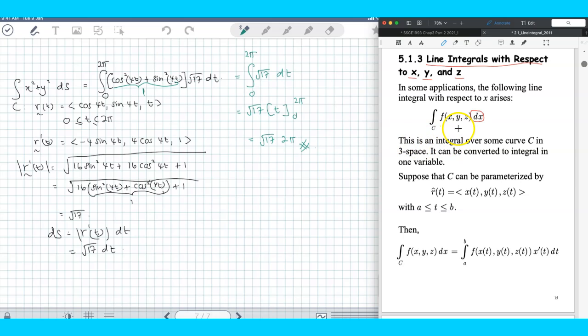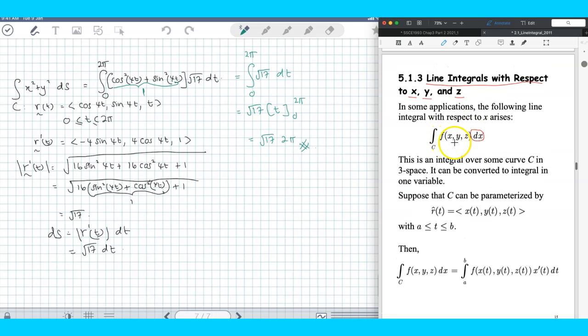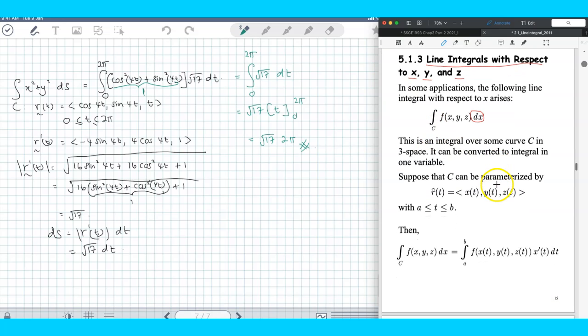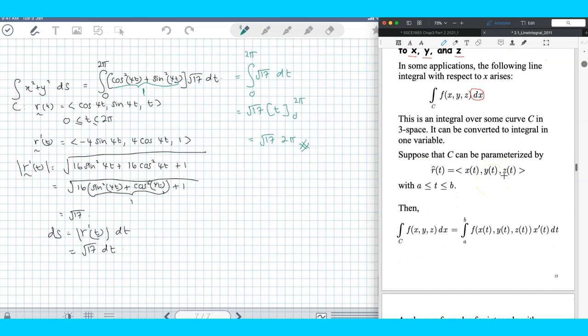Okay, so for this particular case, this is an integral over some curve C in 3-space. Because we have x, y, z, this is the integral over the curve C in a 3D system. So how can you convert? Last time, if you have ds, you use the formula of speed to convert into dt. But if you have only x, how can you convert into only t?